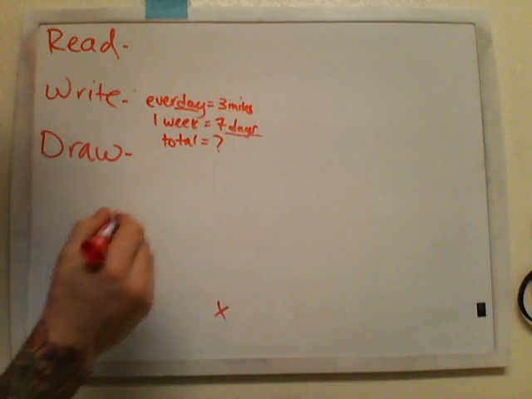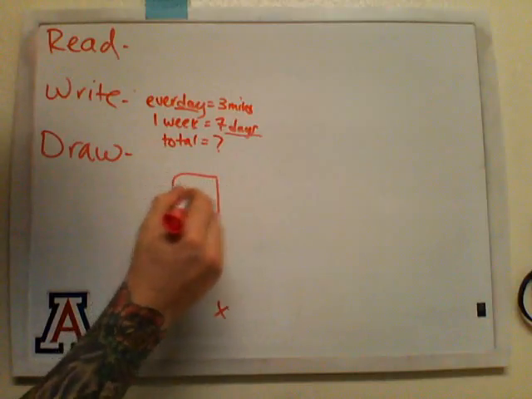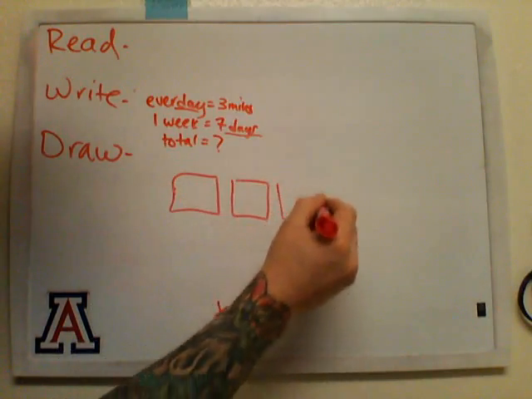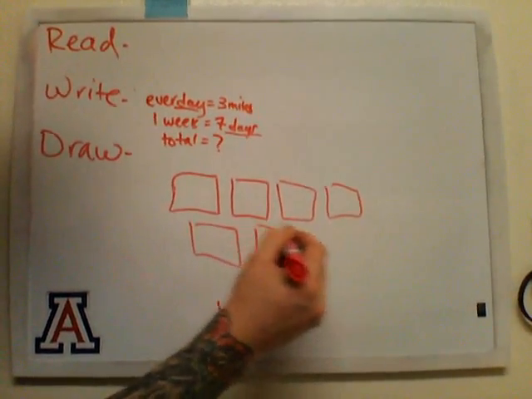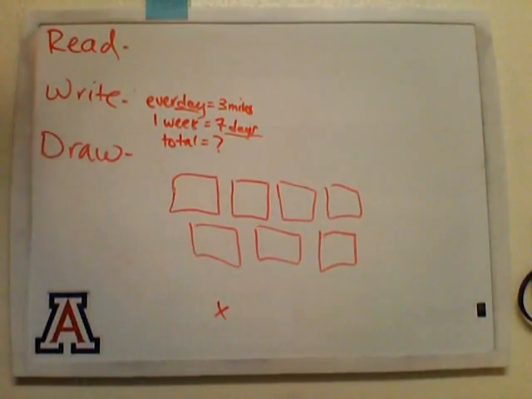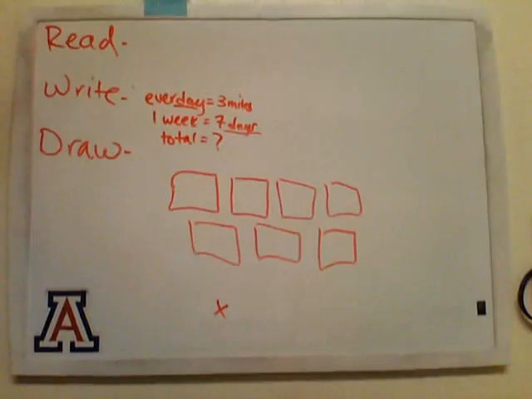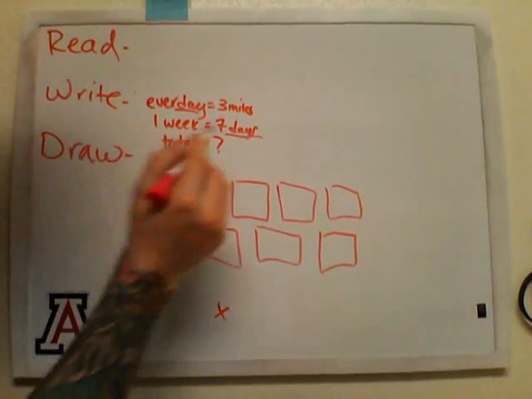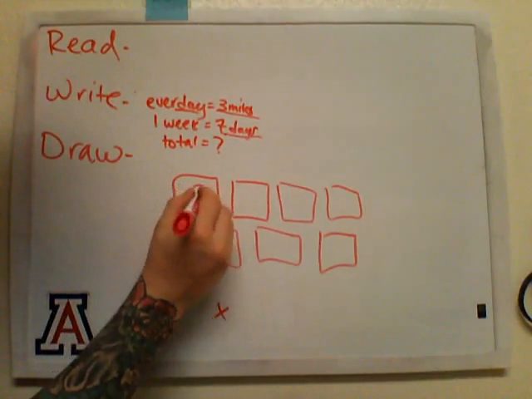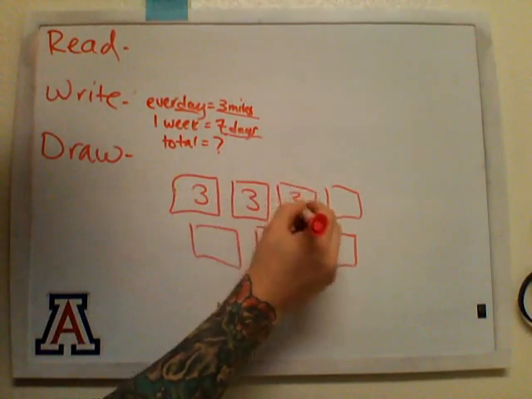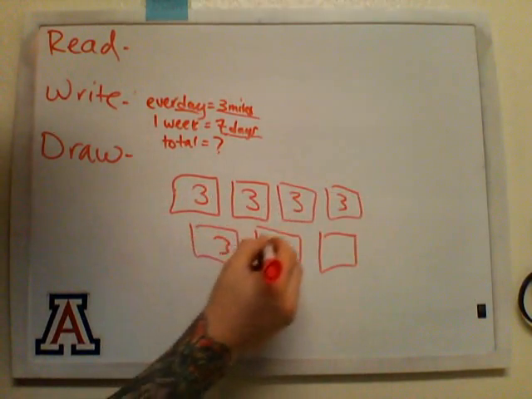We have 7 days, which means we're going to have 7 groups. 3, 4, 5, 6, 7. Sorry. So, we have our number of groups. Now we need a number within each group, which is 3 miles. So every day, he's going to run 3 miles.